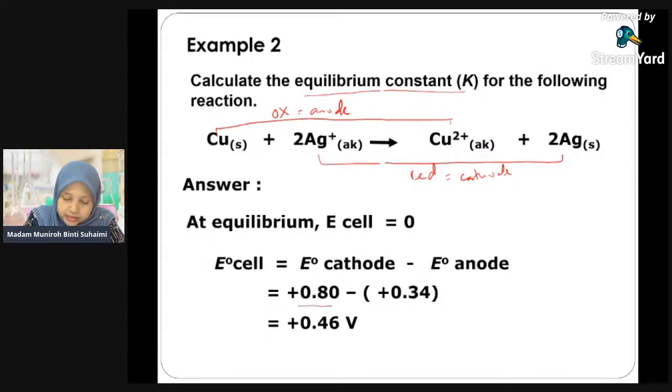For the anode, copper, the value is positive 0.34. So the E naught cell value is positive 0.46 volt.